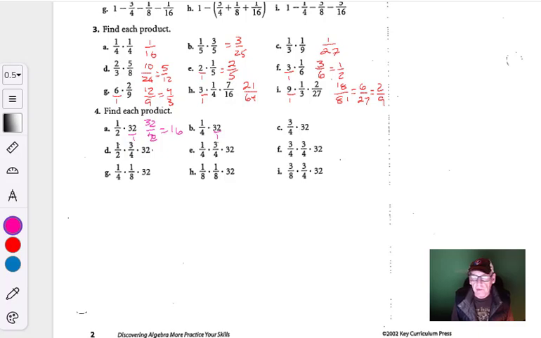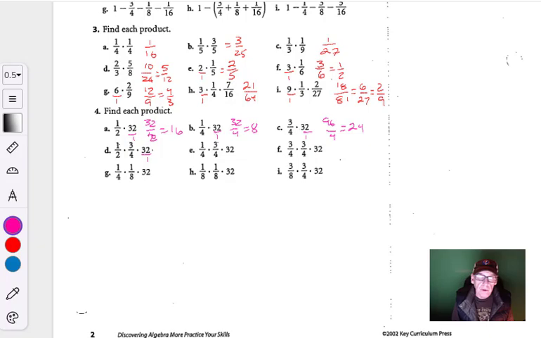We get 4 times 8 makes 32. We get 32 over 4, which is the same thing as 8. For c, we get 3 times 32, which is 96, over 4, and 4 goes into 96 24 times, so we get 24 for that one.